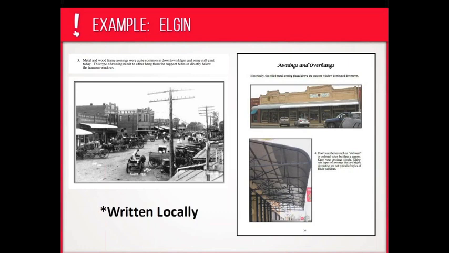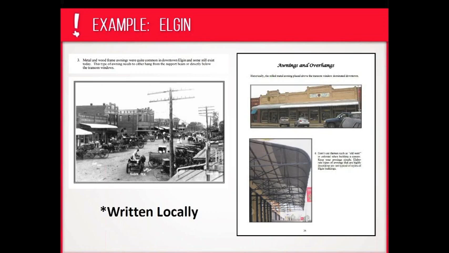Elgin's guidelines aren't as elaborate as others, but they still hit the major points and cover the topics that encourage property owners to make wise decisions about their building. They discuss all building components and general maintenance for each. They also dig into the history of their district and identify features such as rolled tin awnings, seen here, that are especially unique to their town.